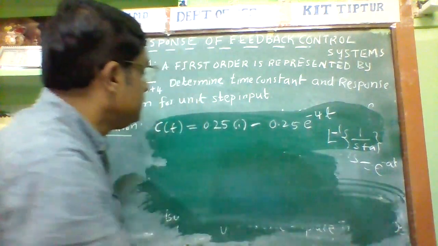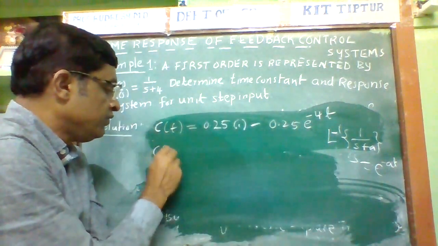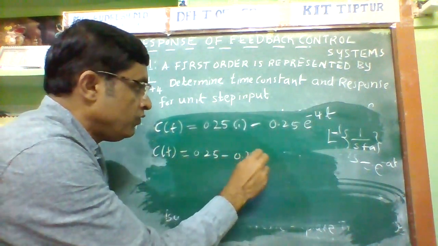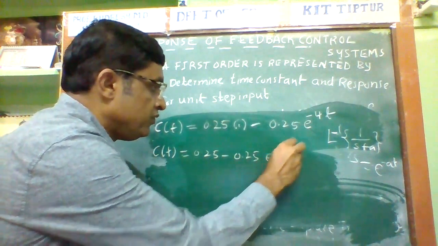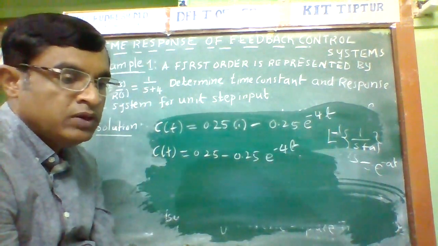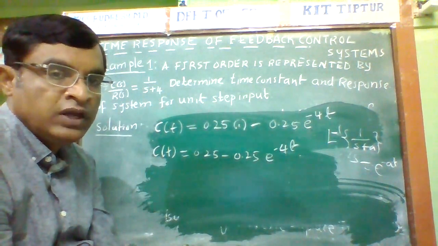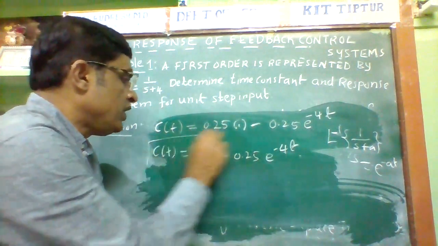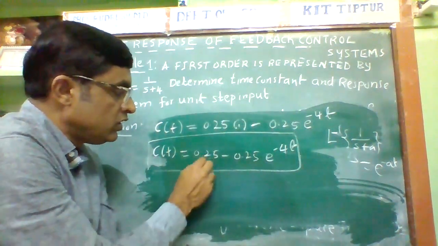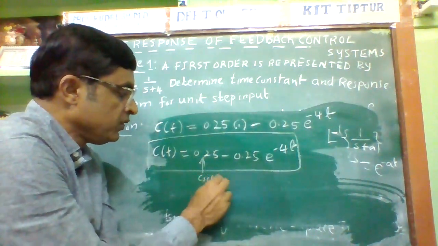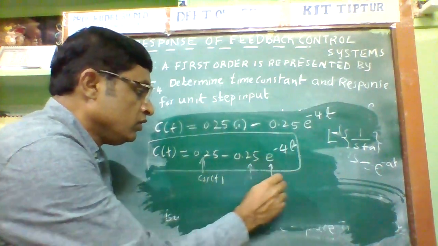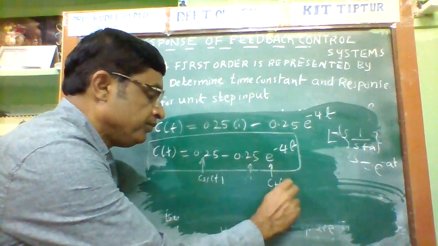Now this is the C of t. So C of t is equal to 0.25 minus 0.25 e power minus 4t. Now this is the required time response of the system. This term is called the steady state response, CSS of t, and this term is called the transient response, CT of t.